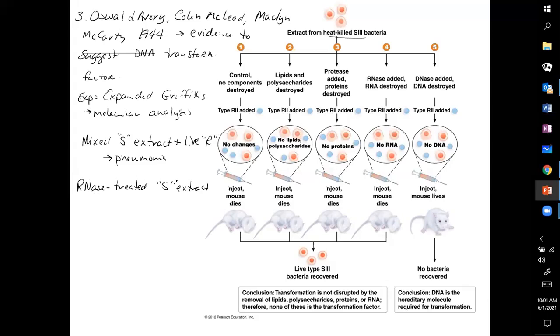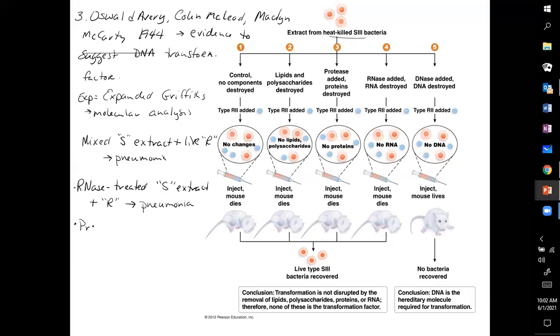So essentially eliminating RNA from the S extract. When they took RNase treated S extract and they took it with the live R, they did not get rid of the transformative factor. So the mice still died and still caused pneumonia. You still got transformation of the R strain. So that suggested RNA was not the transformative factor.